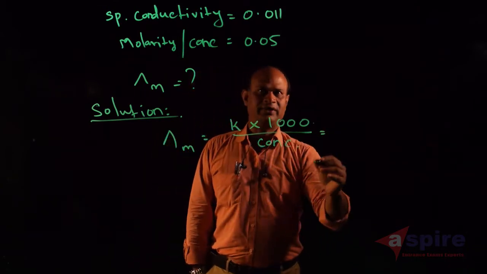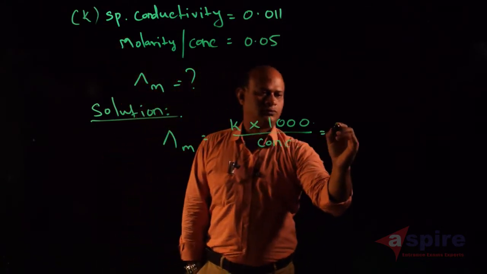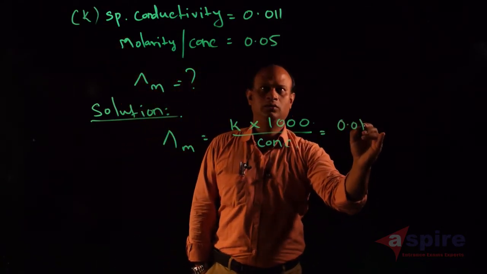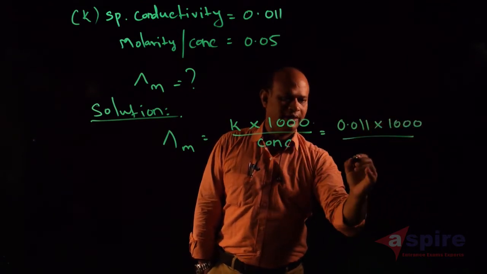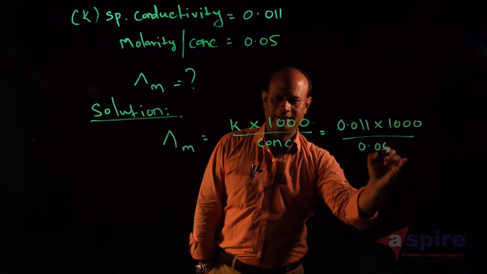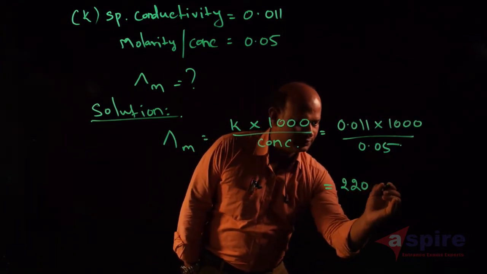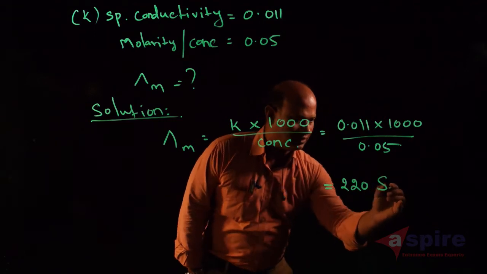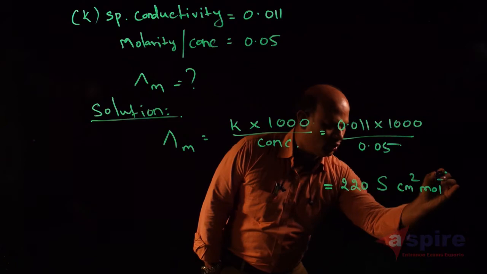They are giving the specific conductivity value, so 0.011 into 1000 divided by 0.05. The answer is 220 Siemens centimeter square mole inverse.